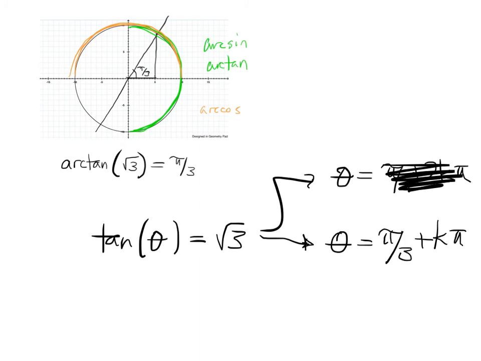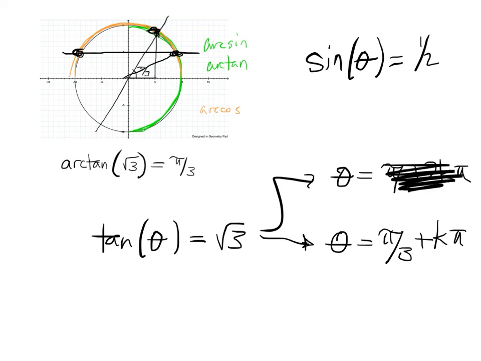That's different from sine and cosine. You can't do that, because that's 2 pi. If I was solving sine of theta equals 1/2, I'd point to that point and that point. Now my angles are pi over 6 and 5 pi over 6.